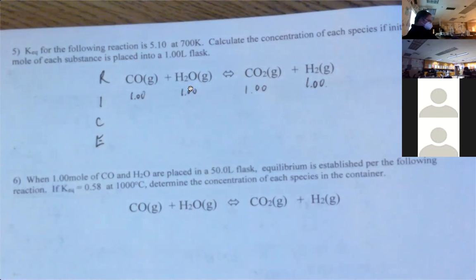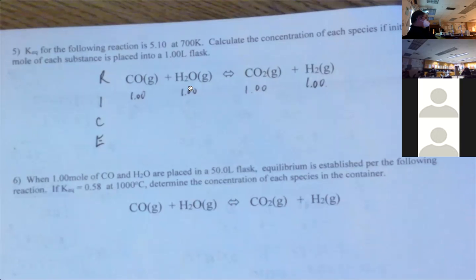So what they're really asking us for this one is, do we know which way the system will go? Which reaction will be favored, forward or reverse? Currently, we have an equal number of moles on both sides, but we have a K sub EQ, so we should have an idea of what we should have instead of 2 moles for 2 moles.